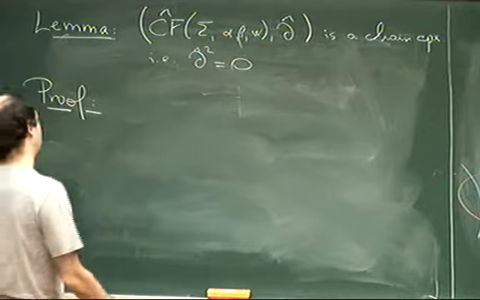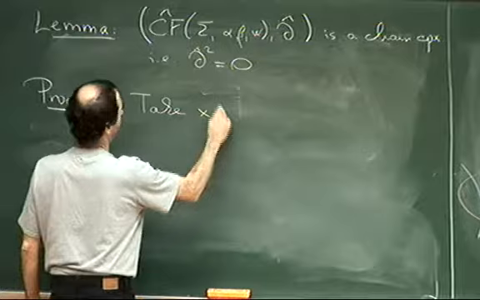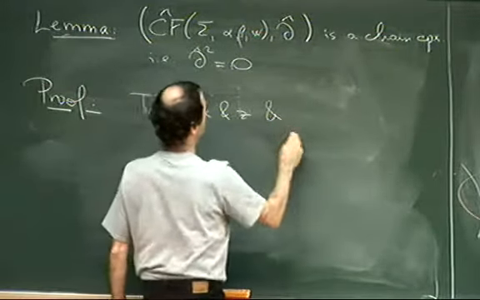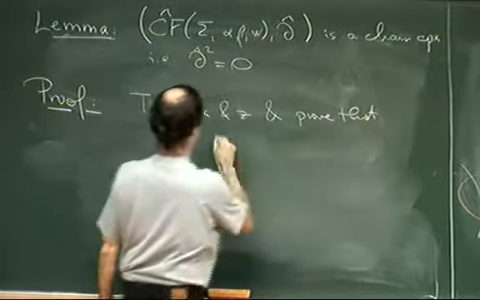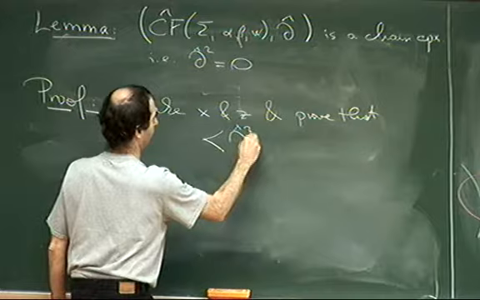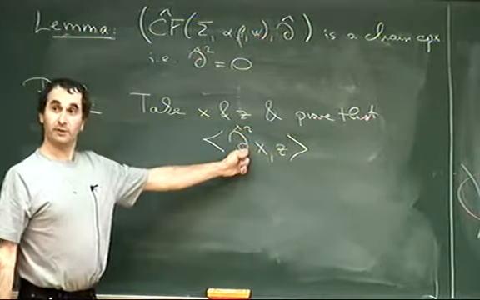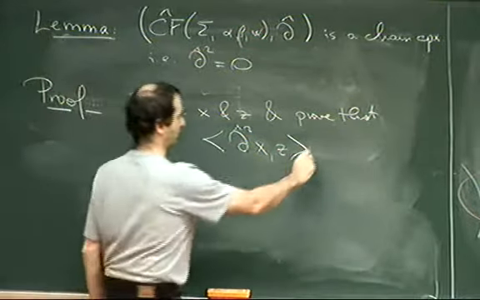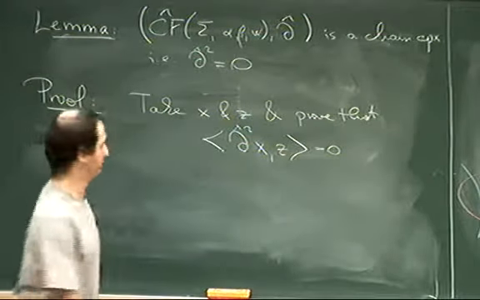Okay, so what do we have to do? The usual story. Take x and z, two points, and prove that the coefficient of z in the image of delta squared on x is actually 0, I mean mod 2.